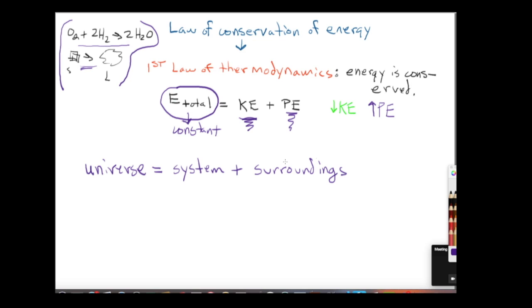I know this is somewhat sophisticated language, but the system is either your physical process, which we defined in lesson 1, like melting an ice cube, or your chemical reaction. And the surroundings is quite simply everything else.